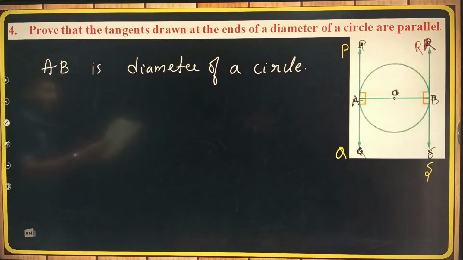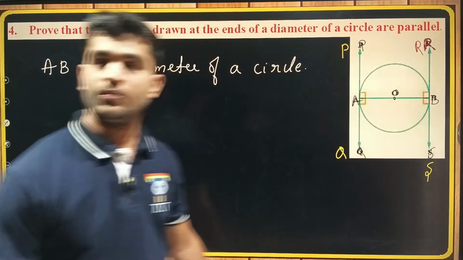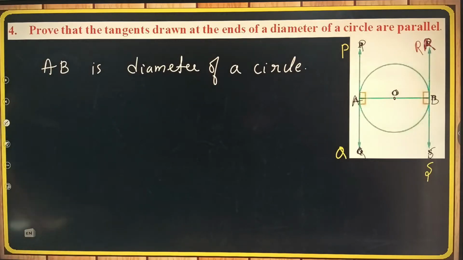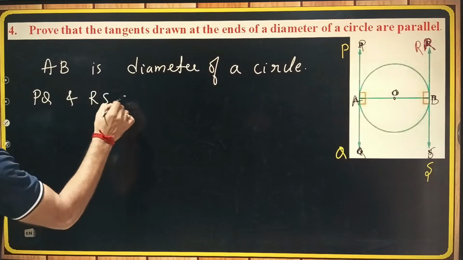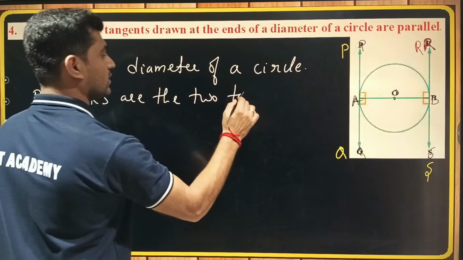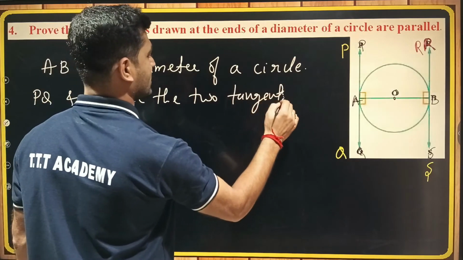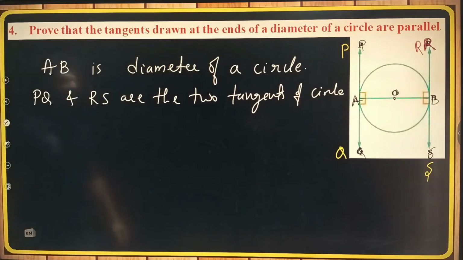And PQ and RS, what are these two? Tangents of the circle. So PQ and RS are the two tangents of the circle.